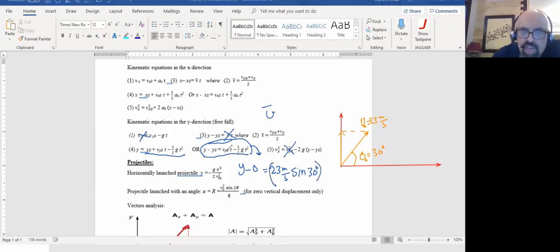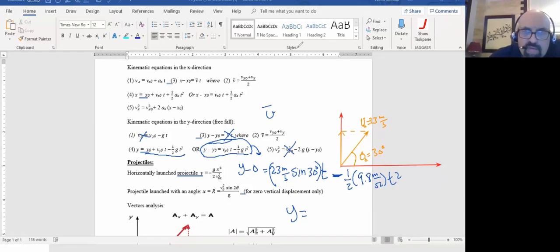This is the initial velocity in the y direction times t minus 1/2 g, which is 9.8. Of course, we don't need to include negative 9.8 because the negative is already incorporated here, times t squared. Okay, and we need to solve for y. Now the value of t is already given to us.